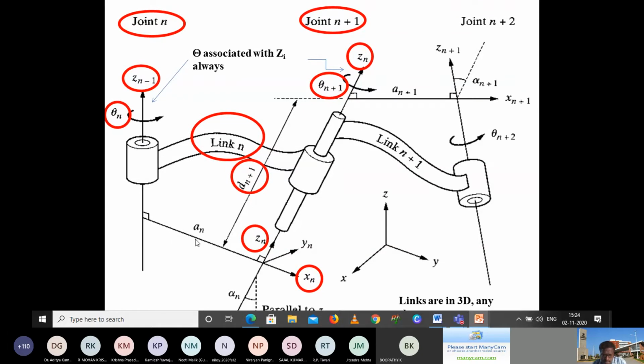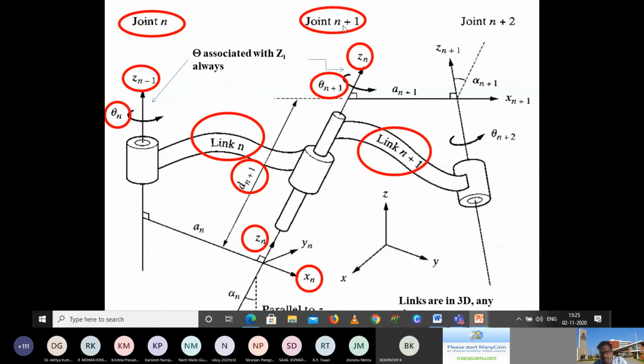Again, the distance between this x n axis and this x n axis, perpendicular, it's a right angle triangle, that distance along the z axis we take as d n plus 1.